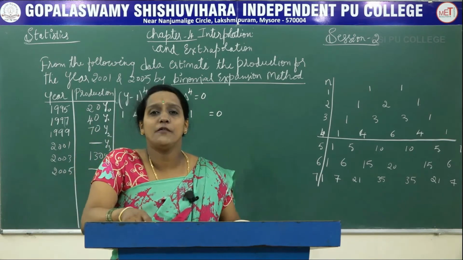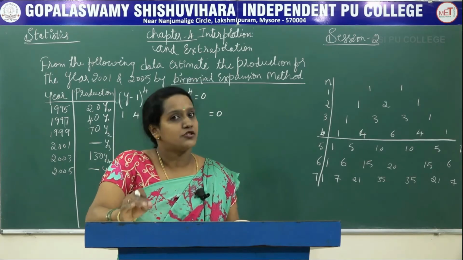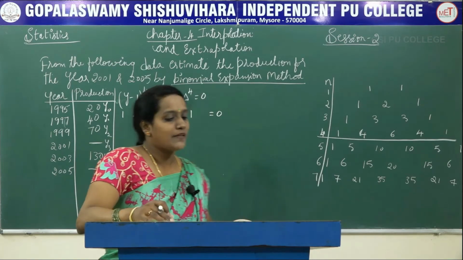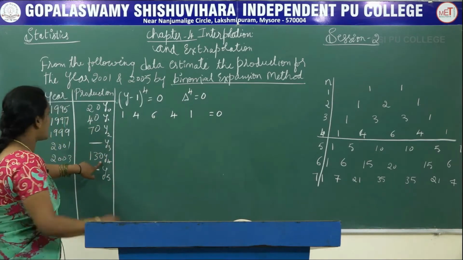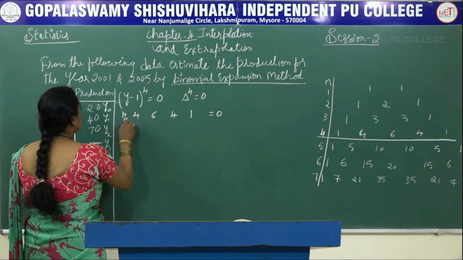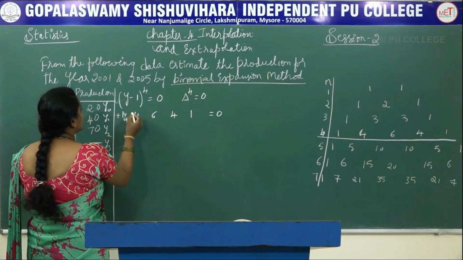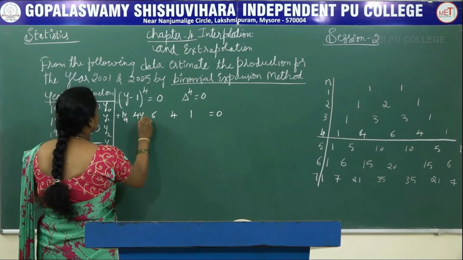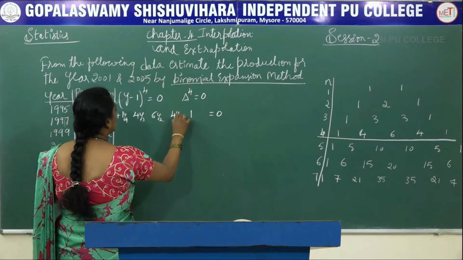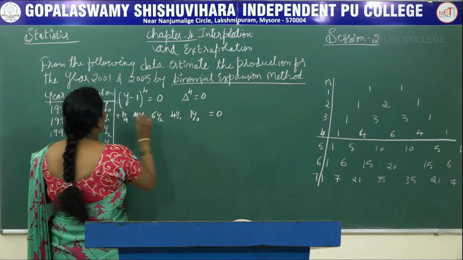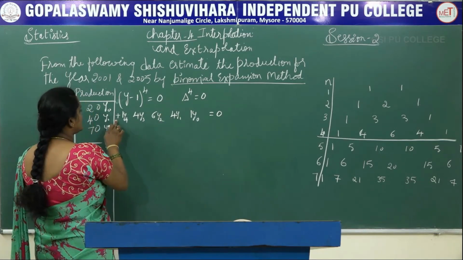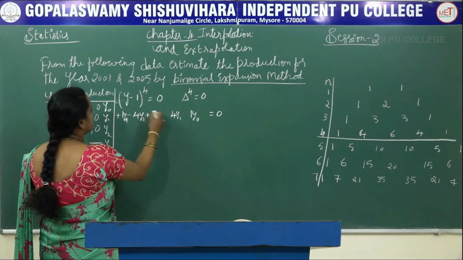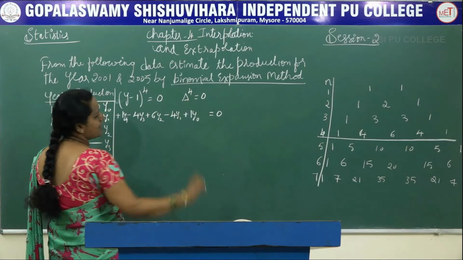And these coefficients should go with the y values, so I will write them in reverse order, starting from y4: plus y4, then y3, y2, y1 and y0, and the signs for these coefficients should alternate: plus, minus, plus, minus and plus.